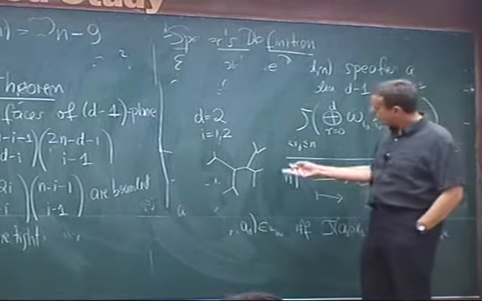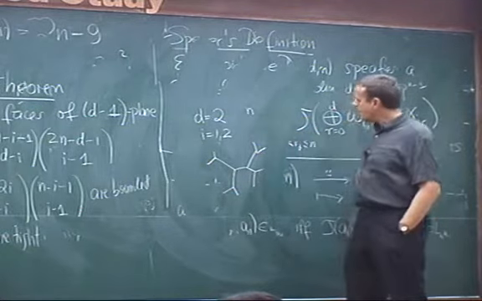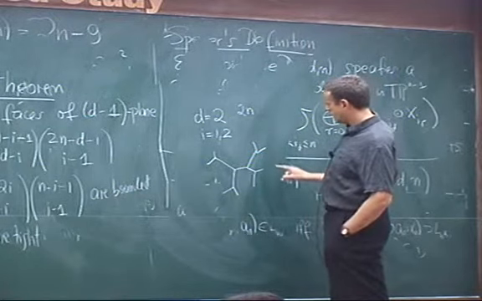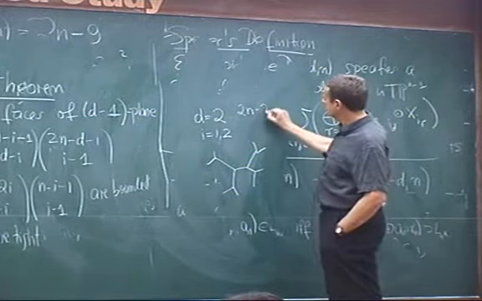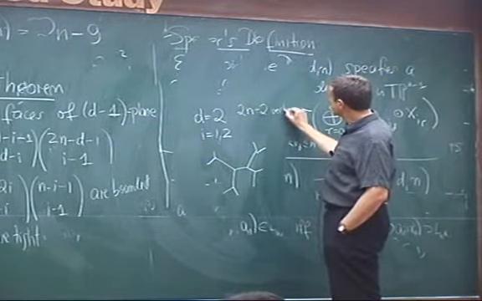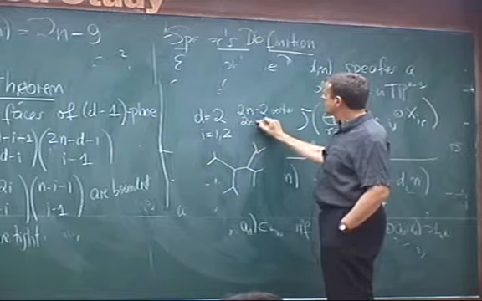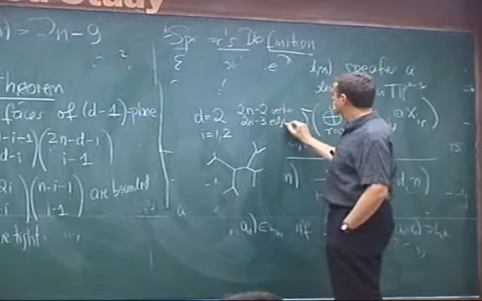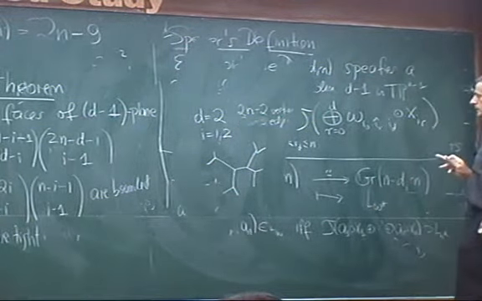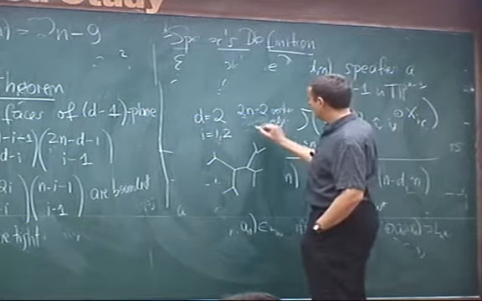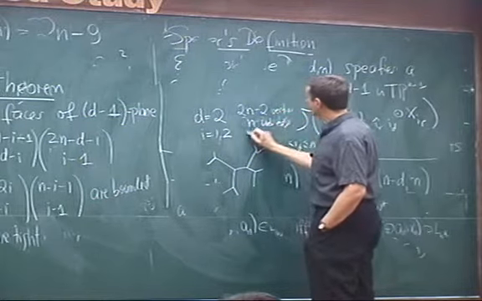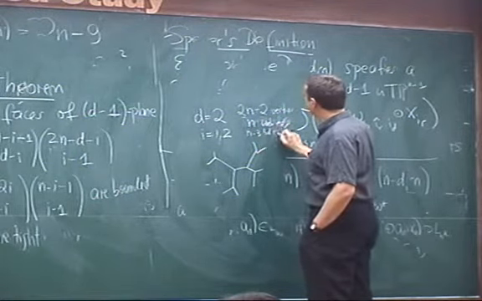If you have n taxa, there are 2n minus 2 vertices, and then there are n unbounded edges and n minus 3 bounded edges.